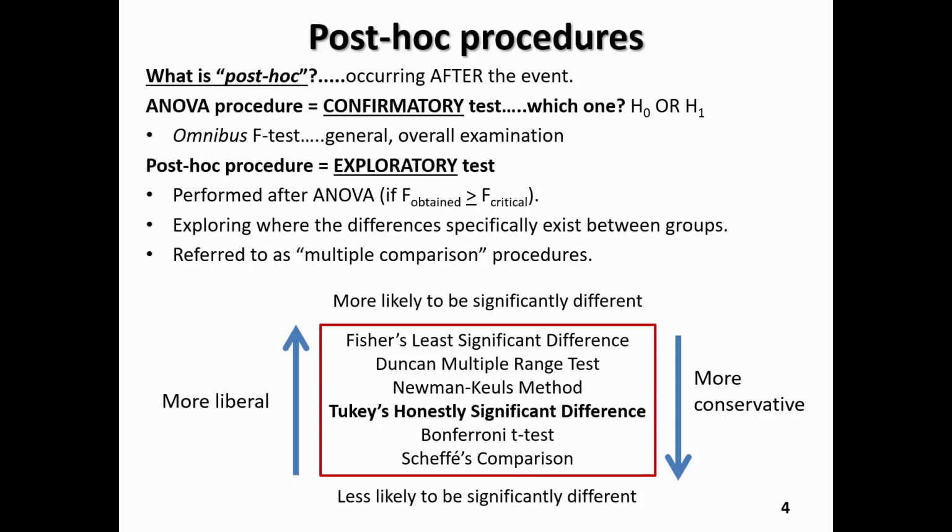And in the subsequent videos, we're going to compare the Fisher's test against the Tukey test. The Tukey I have in bold because the Tukey post hoc procedure is the most common post hoc procedure that is performed following ANOVA. So this ends this first video on part 2 of our ANOVA review.